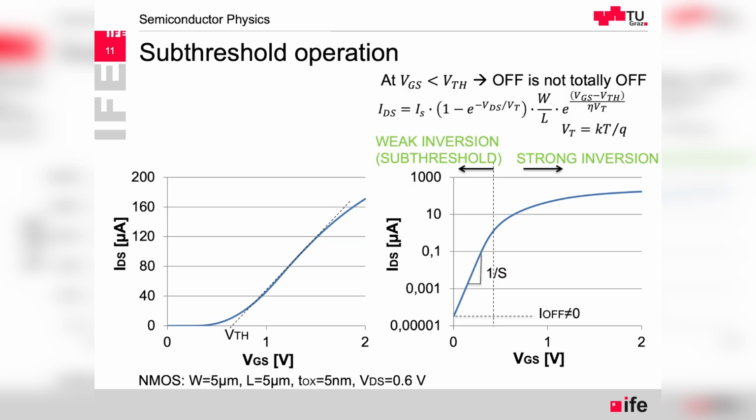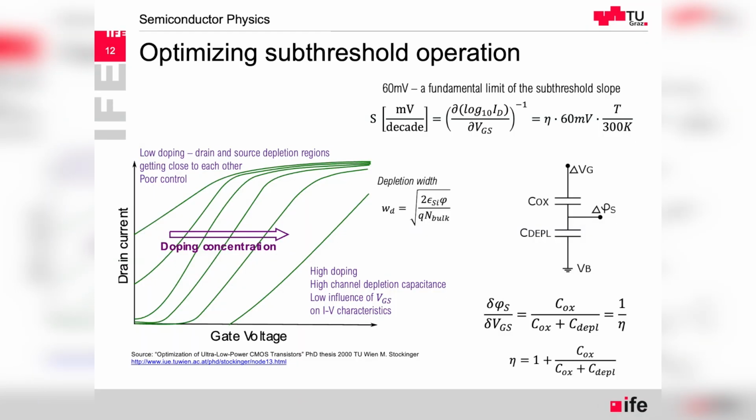But even the static power consumption we also have to take into account. So we would like to optimize the subthreshold operation so that the characteristics are as steep as possible.